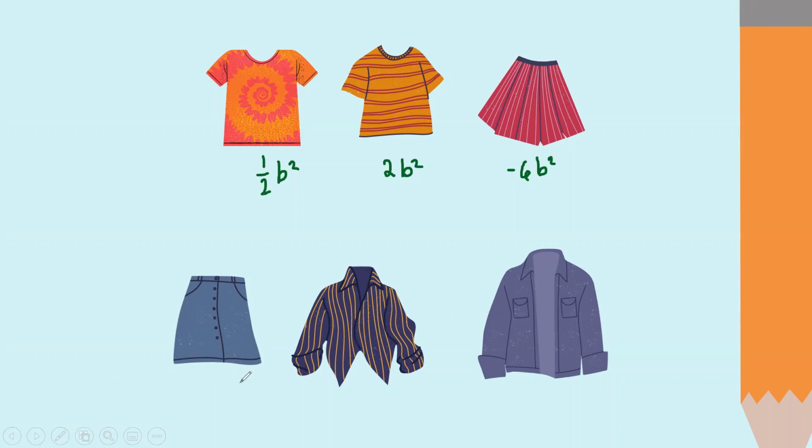And for our analogy of like terms, maybe we could have y squared. And the numbers in the front could be different. But these would be like terms at the bottom. Why? Because here it has a y squared, and this also has a y squared, and it doesn't matter that they have different numbers. Just like when you wash it in the laundry, it doesn't matter that this is a skirt and this is a shirt, or that this could be a jacket. Since they're all the same color, you would wash them together. Okay, so let's continue to the next slide.